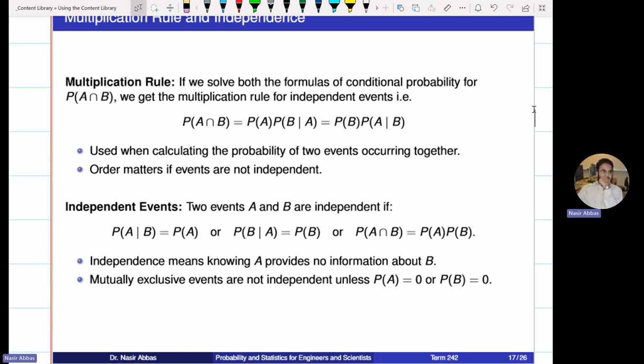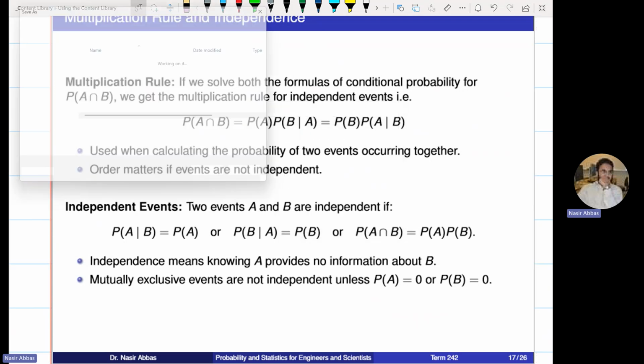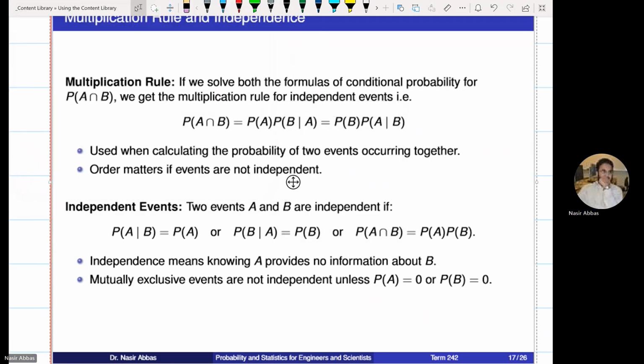And then inside these formulas, if A and B are independent, B given A will be simply B. A given B will be simply A. And when you plug them in, A intersection B becomes the product, simply the product. Okay.